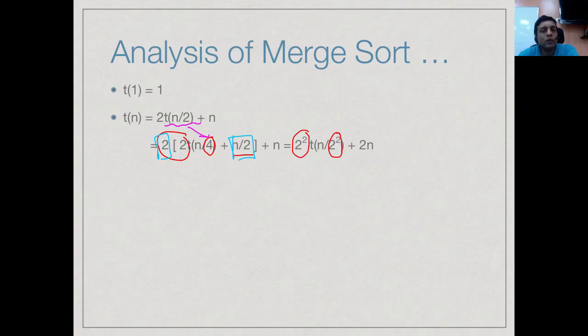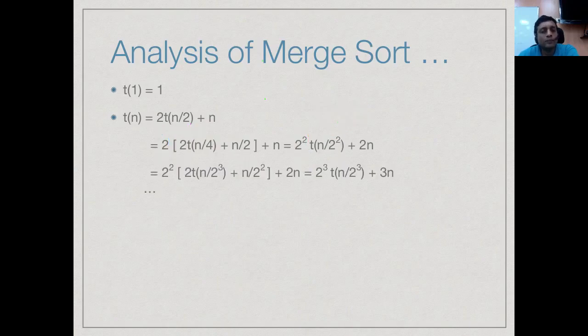As we will see, if you do one more step, now if I take this expression t of n by 2 squared and I apply the same rule to this, then t of n by 2 squared expands out like this. It's n by 2 squared divided by 2, which is n by 2 cubed. So I get 2 times t of n by 2 cubed plus n by 2 squared.